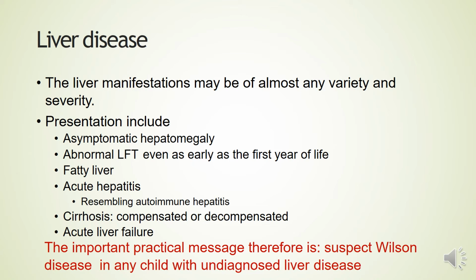To work her up further, we suspected that she might have hypersplenism, and we got a portal vein Doppler done as well as an ophthalmic examination, and both were positive for KF ring as well as portal hypertension, and that's when we did the further testing, and she was positive for the ATP7B gene.